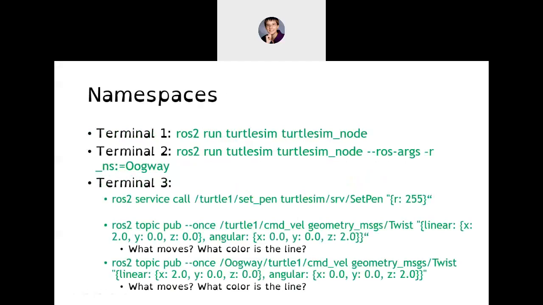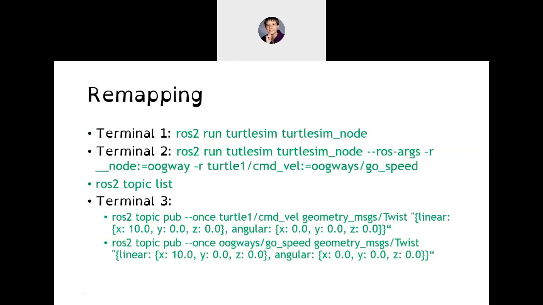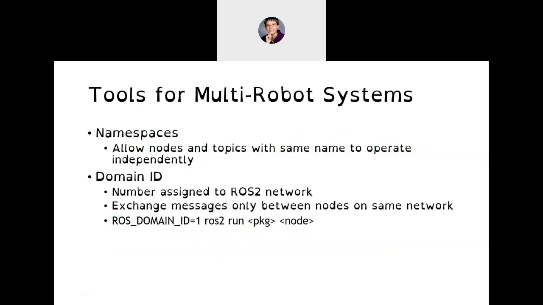Another thing that is possible, because I was kind of falling off there into the slides, is this idea of a domain ID. The domain ID allows you to group different machines into one kind of sub network. In theory, if you just start all of these ROS nodes everywhere, they can all communicate with each other.